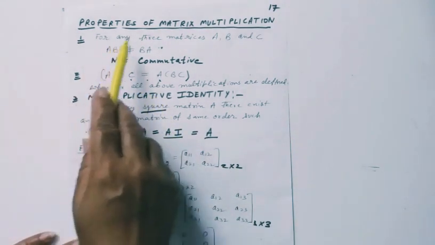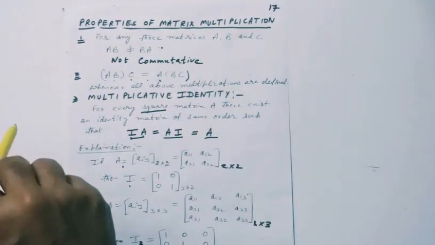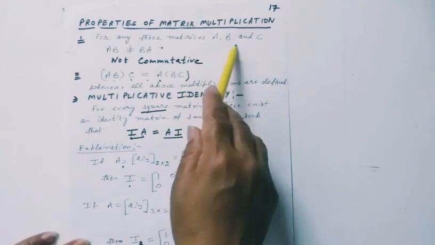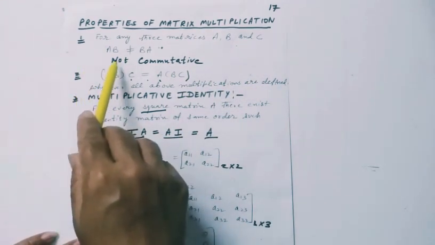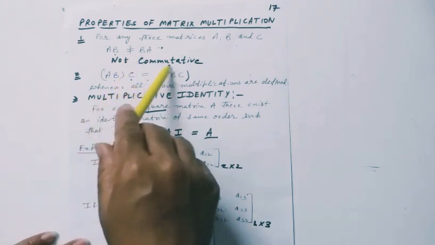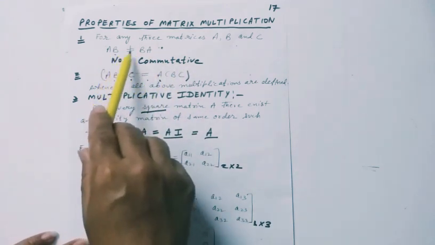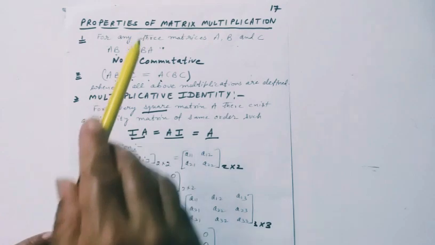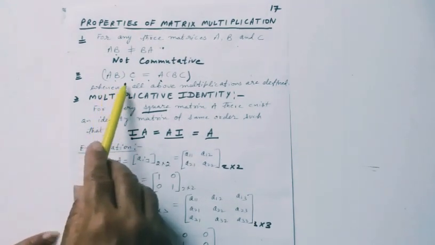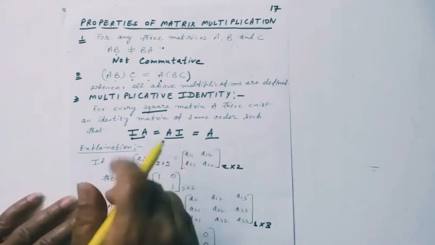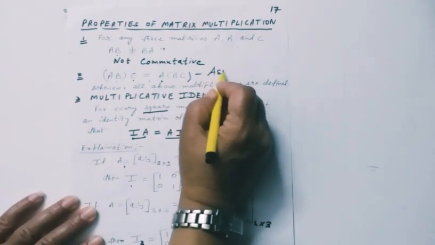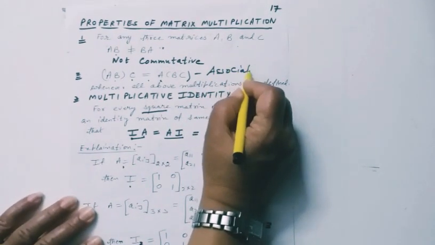Now we discuss the properties of matrix multiplication. Suppose we have three matrices A, B and C. First of all, we have already observed that matrix multiplication is not commutative, that is, product AB is not equal to product BA. Now if we check associativity, we shall see that matrix multiplication is associative.